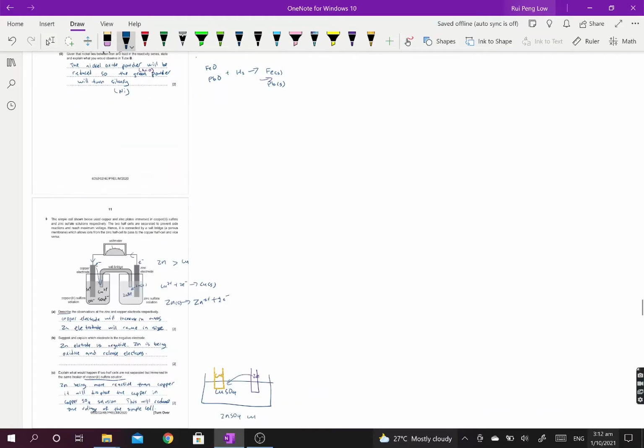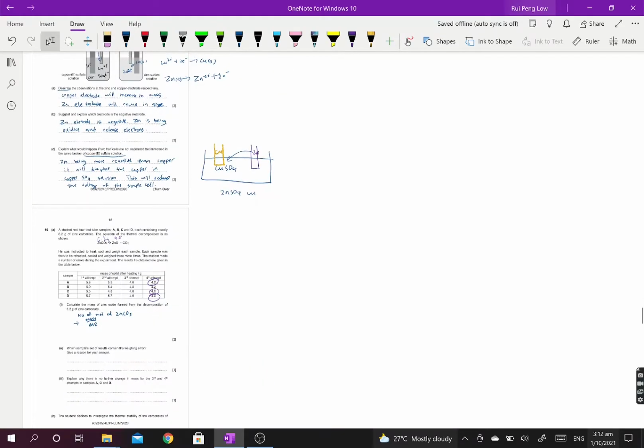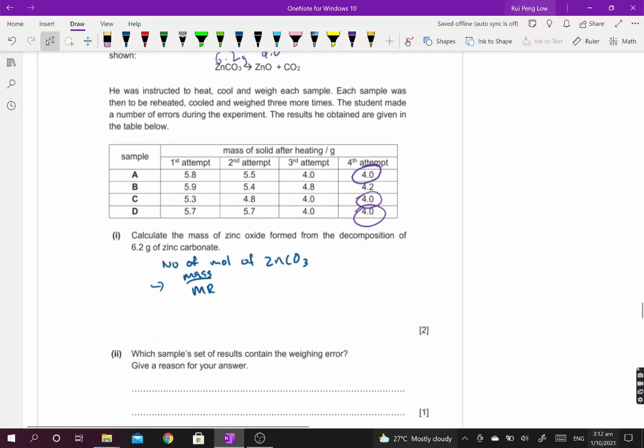Sorry, my mind isn't working very well. As you can see, it's 3 a.m. in the morning. Okay, so anyway, let's get going. So you have 6.2 divided by what is the Mr of zinc carbonate? So it's 65 plus 14 plus 3 times 16.